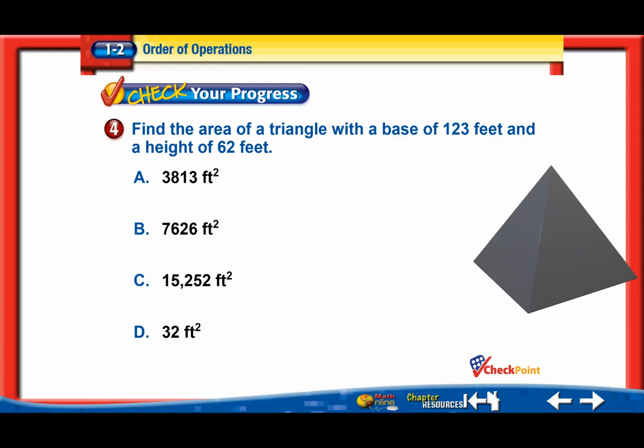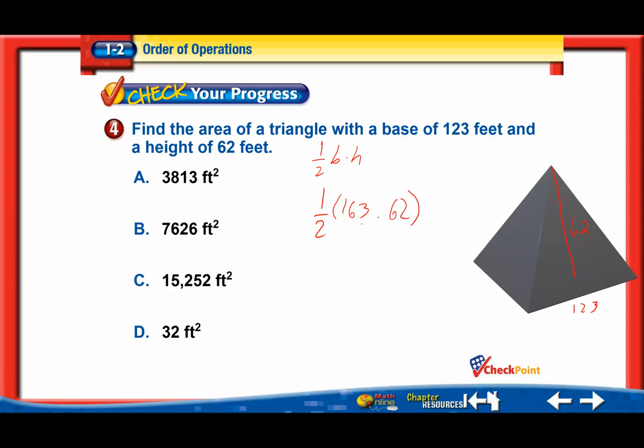Okay, so we already heard it was 1/2 base times height. So it says the base is 123 and the height is 62. So the base I'm going to substitute in here, 1/2 times 163 times 62.